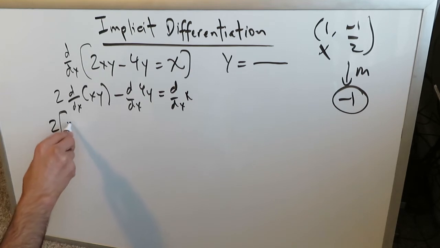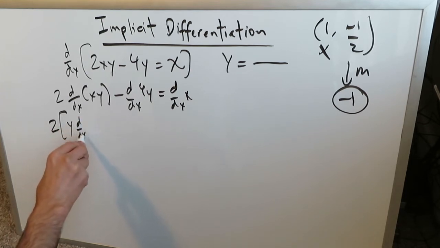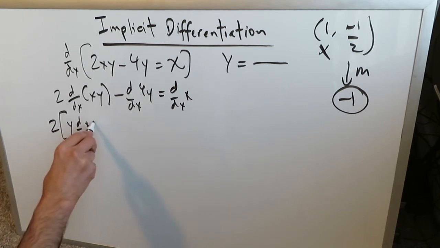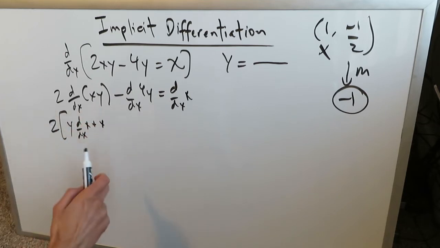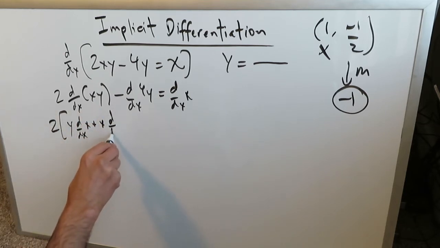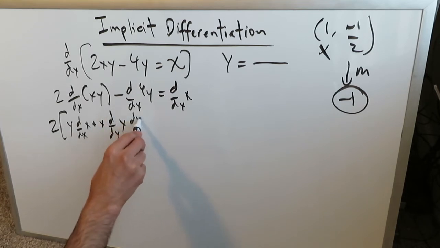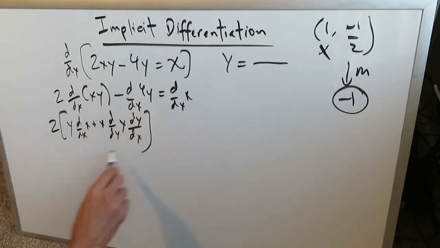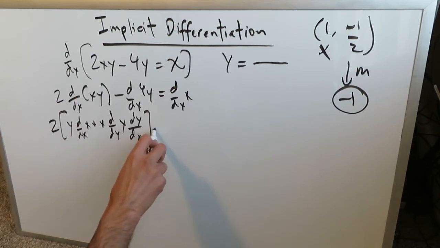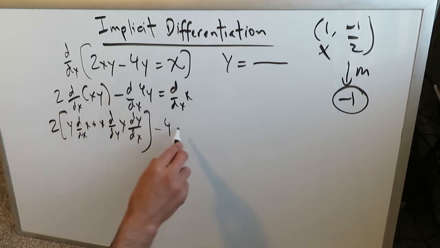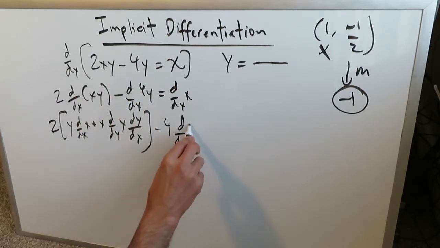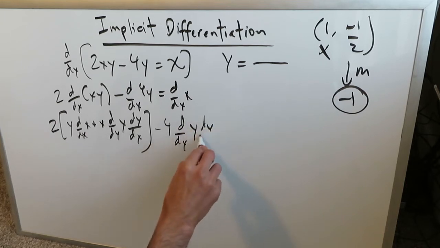You'd multiply y by the derivative, just like the product rule, of x, plus x multiplied by the derivative of the y function. And the procedure for that is d over dy, your y variable, and then dy over dx. These two always come together. Minus, take the 4 out, the coefficient out, derivative with respect to y of that y, and dy over dx.